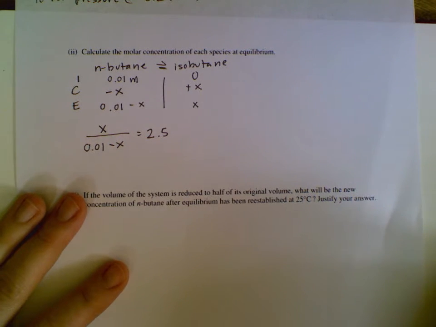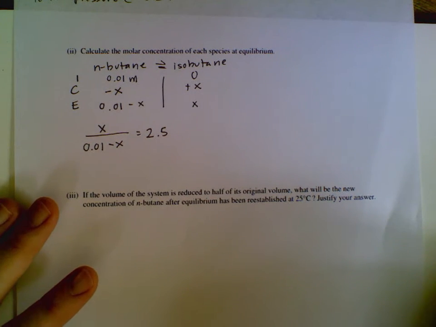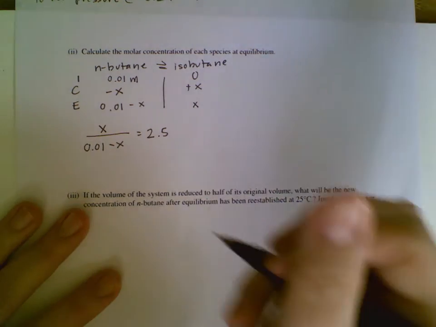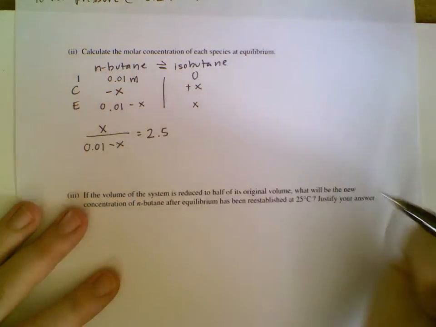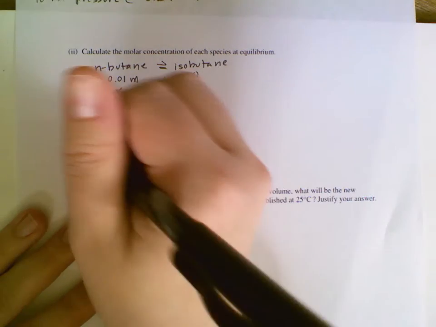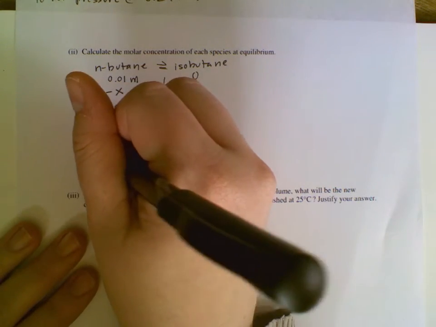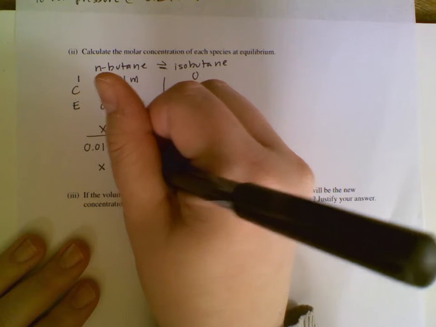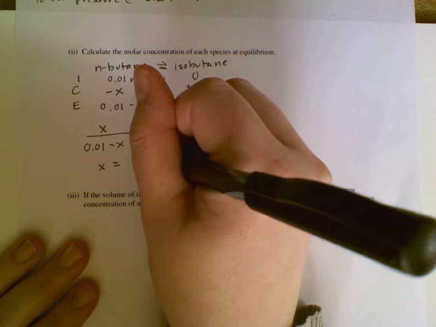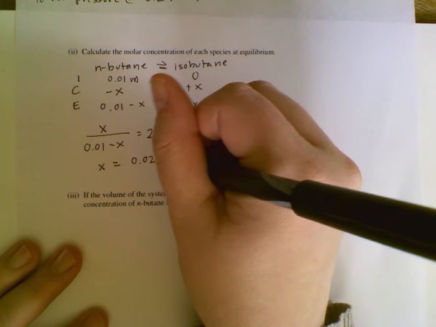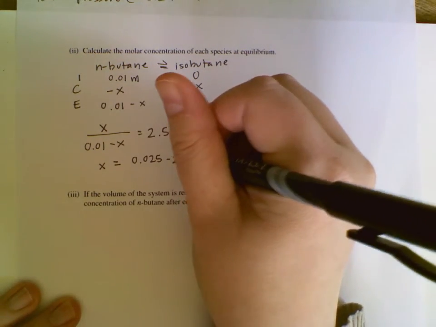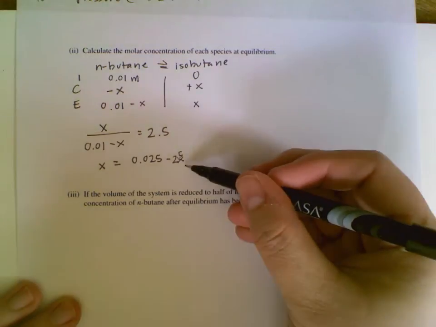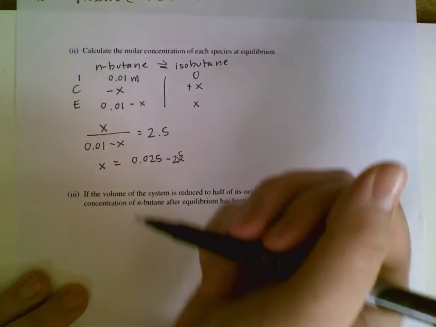All right, so now I have to solve for X, which is kind of a pain, but we're going to do it anyways. We're going to have to distribute the 0.01 and the minus X into the 2.5. So we have X equal to 0.025 minus 2.5X. We bring the 2.5X to the opposite side.